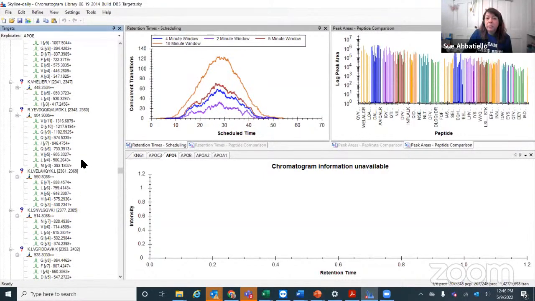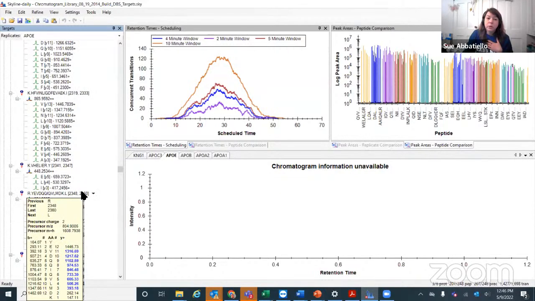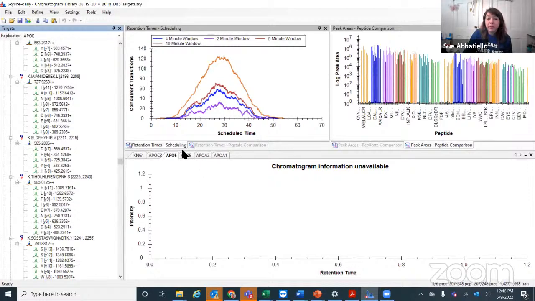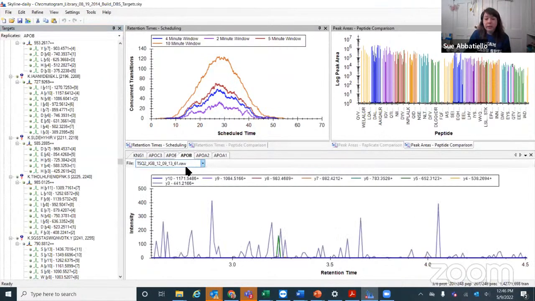So in my opinion, I would base it on what your needs are. If that is the only signal in the entire chromatogram you can see, there's no other peak that would be like a second best, then I might keep it. And if it's the only peptide for that protein, I might keep it until I'm done with the method development and make my decision to keep it or axe it at the end.